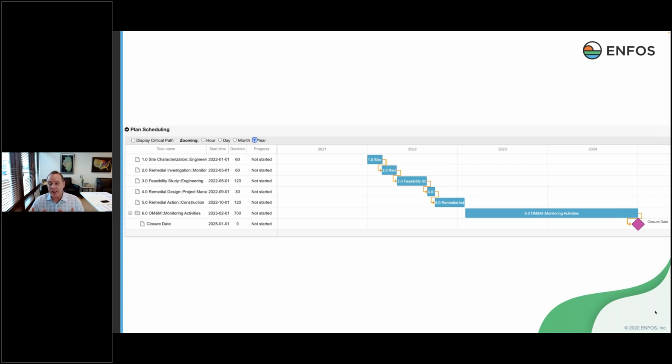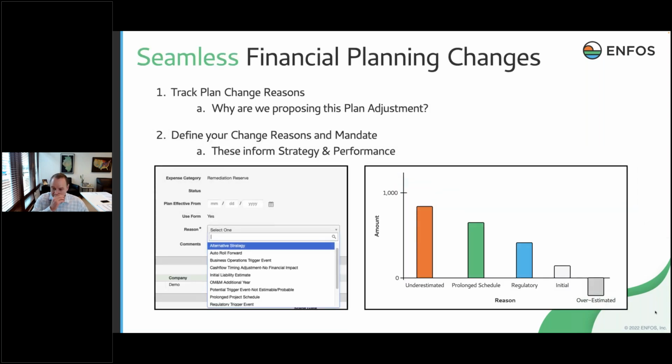This gives me something to control my costs and schedule against. It's the baseline. We know the baselines change. That's the change management part. And that's where we're going to here. So this is principle number, let me get to it here.